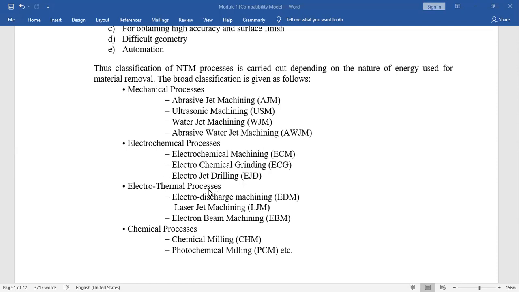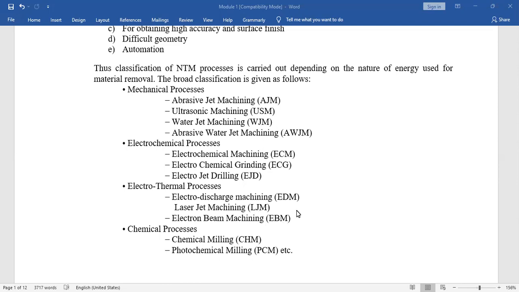Then coming to the electrothermal process. Here, with the help of electrical power, thermal energy, that is heat, is generated. With the combination of electrical power and heat, the removal of the material takes place. It is subdivided into electro discharge machining, EDM, laser jet machining, LJM, and electron beam machining, EBM.